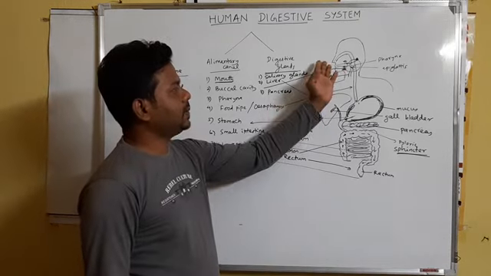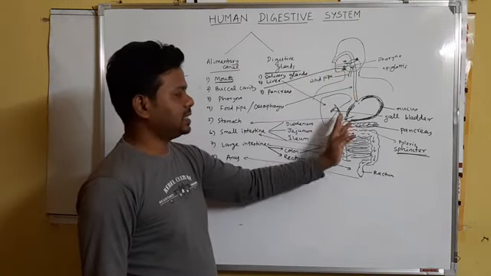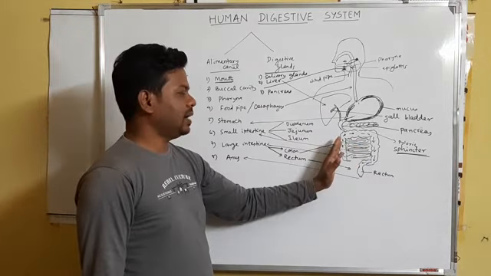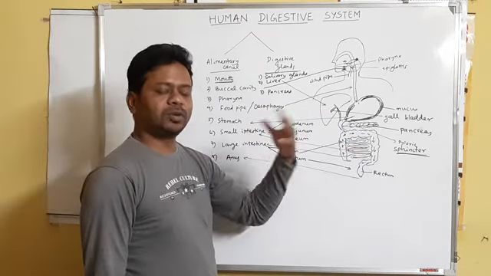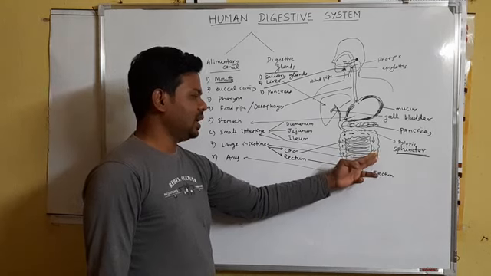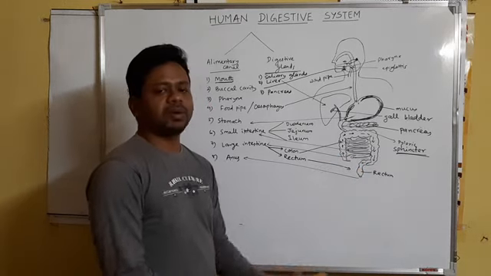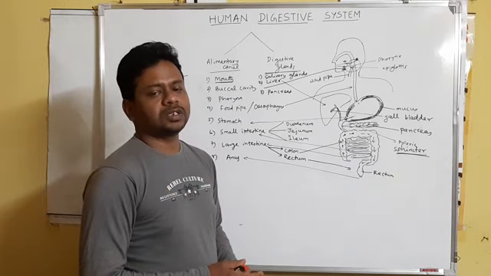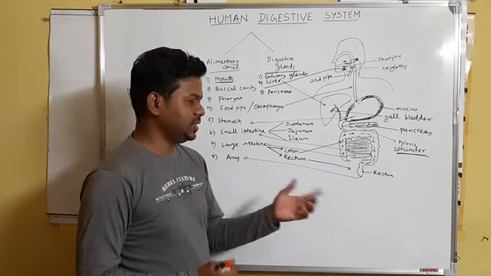So ingestion takes place, digestion takes place, then absorption takes place in the small intestine, then after absorption the food is utilized in our body, that is assimilation, and finally the food is passed out through the anus in the form of feces, which is known as the egestion process.